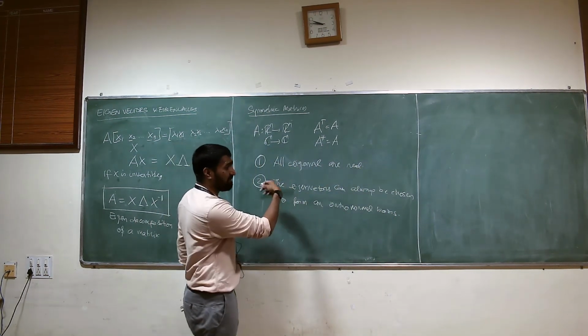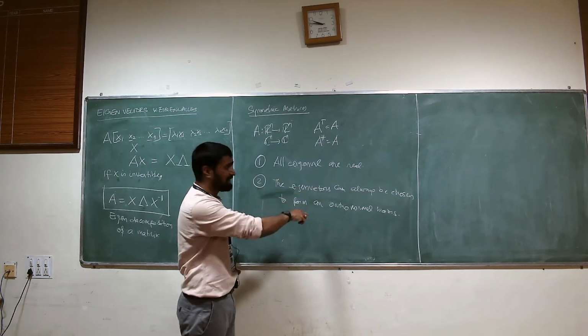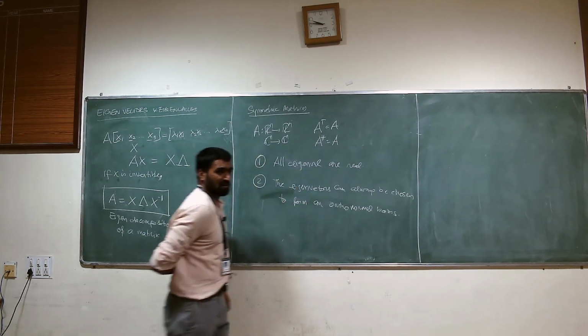It's not that they will always be orthogonal to each other, the eigenvectors. It's just that you can choose them to be orthonormal.